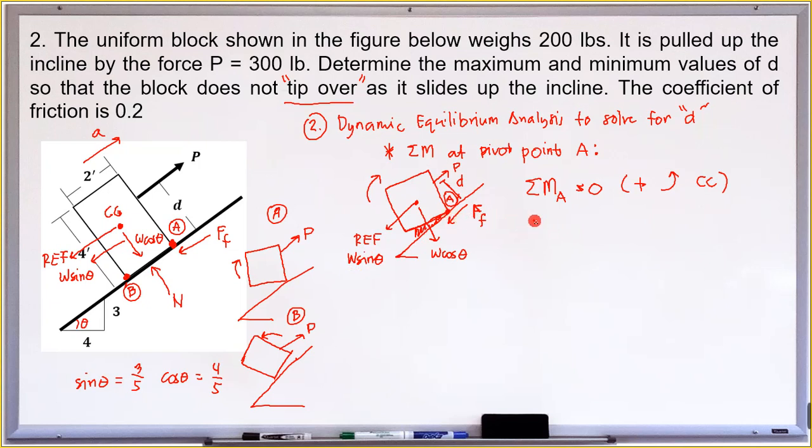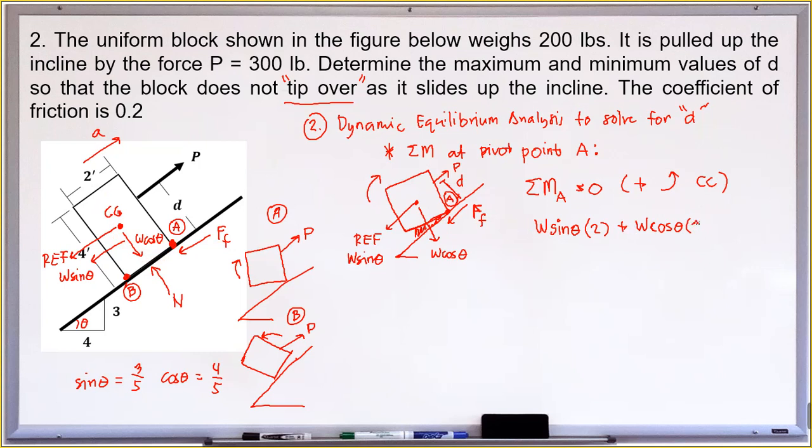So we have W sine theta, tapos ihang moment arm kaning half sa height sa ato ang block, so that is 2, plus W cosine theta, tapos iyaha perpendicular distance from point A is half aning width, di ba?